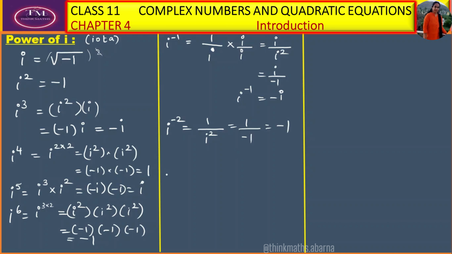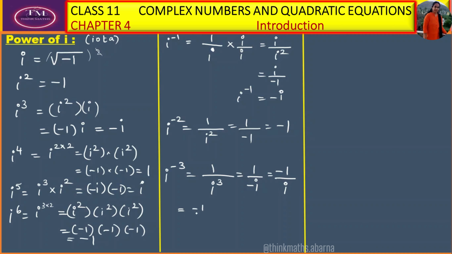The same way, i power minus 3 can be written as 1 by i power 3. What is i power 3? i power 3 is minus i. So we can write 1 divided by minus i. This can be written as minus 1 by i. I took the negative to the numerator. Now if there is an i in the denominator, we have to multiply and divide by i.